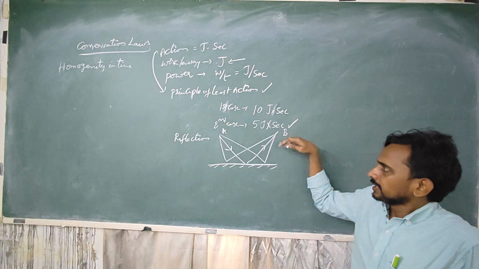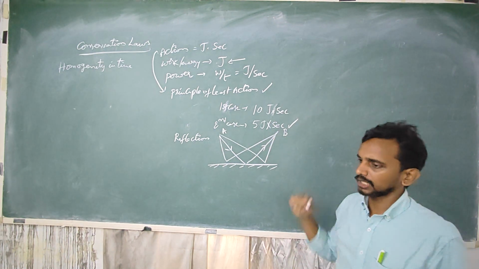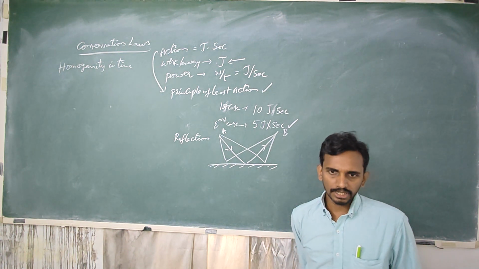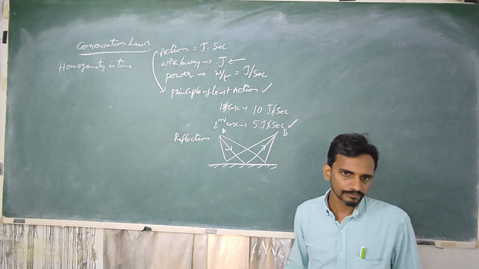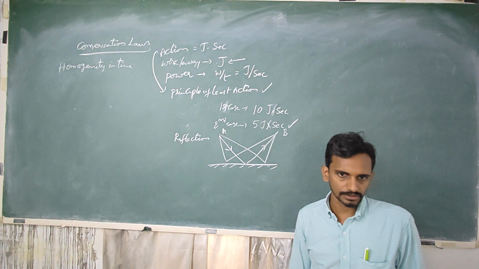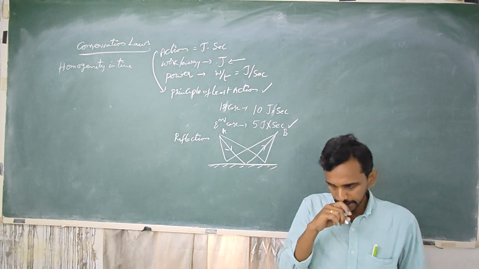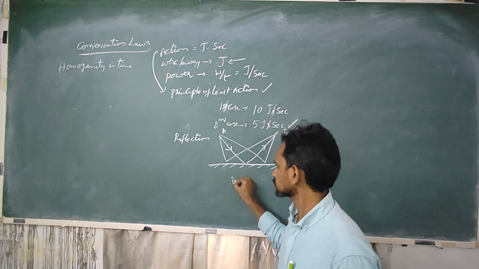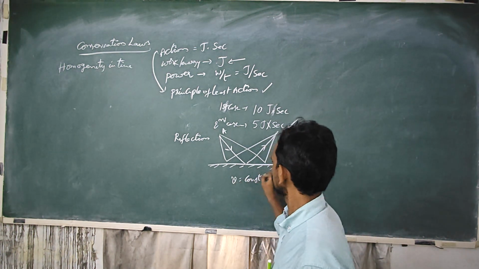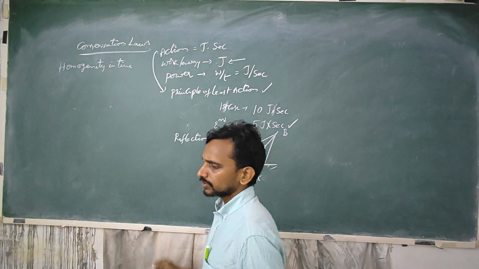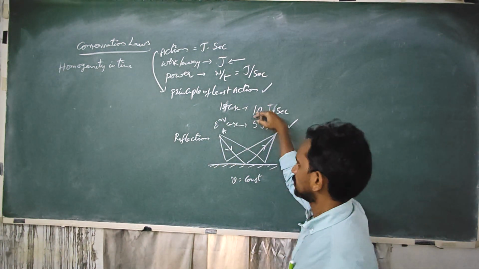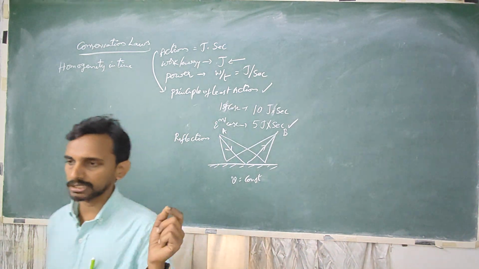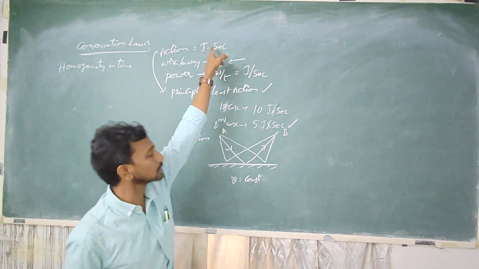Here, what are the constants? As long as light travels in the same medium, its velocity is a constant. Because there is no change in the medium, there will not be any change in velocity. So V is constant. We have to identify a pair of physical quantities whose units or dimensions are joule seconds.